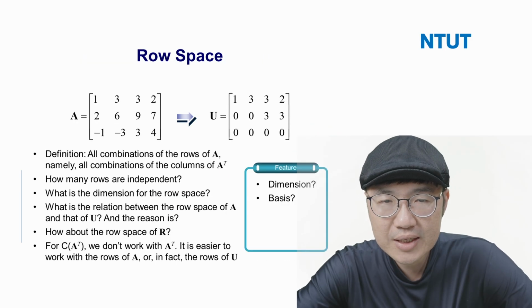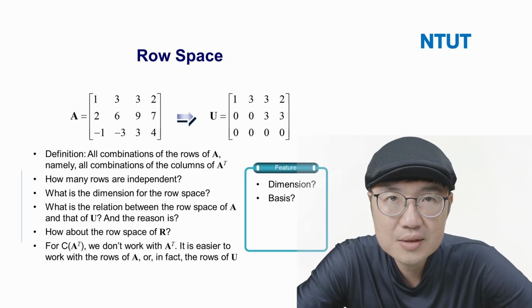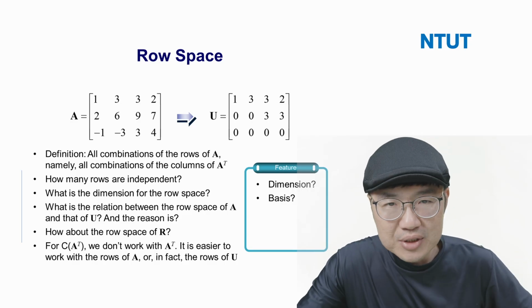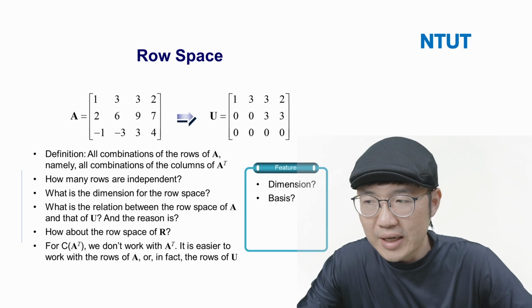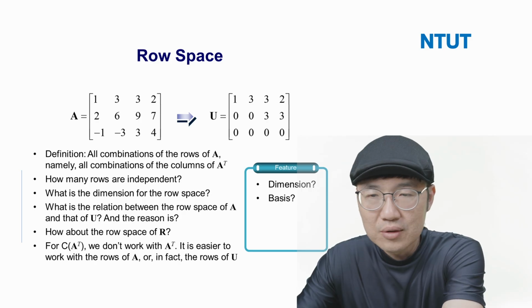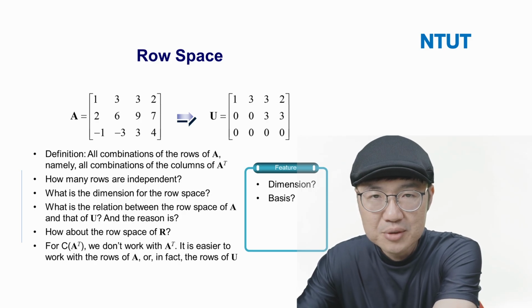So consider this case. A, 4 columns, 3 rows. And by doing some Gaussian elimination steps, we finally get the U there. So from U, what does the row space mean?